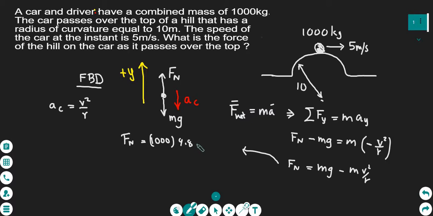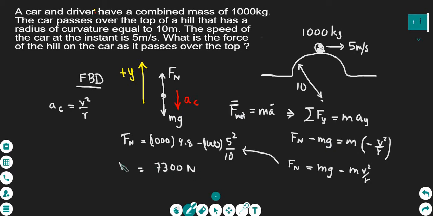We consider that as 9.8 meters per second squared, minus 1000 times v squared, that is 5 squared over 10 meters. Okay, so when you simplify this, you can use a calculator. Remember that there's a 1000 here. So you are going to get 7300 newtons. 7300 newtons would be your answer.